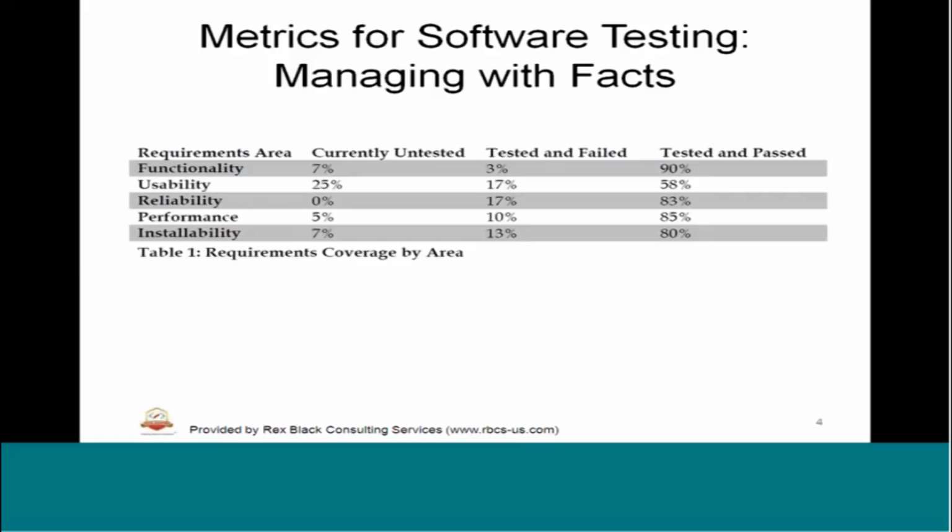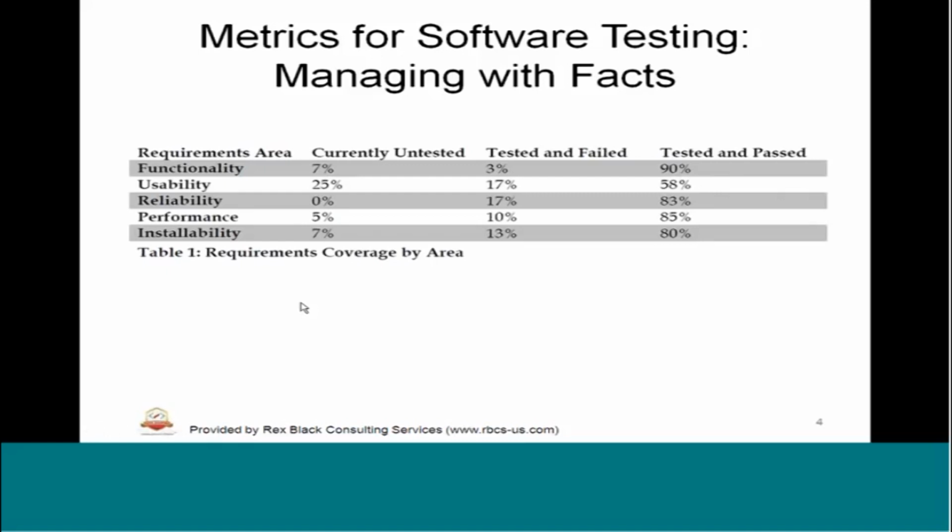Okay, so let's look at some of the examples and the various charts that organizations use in terms of reporting the facts and the software metrics. You can see an example. This is basically provided by RBCS, Rex Black Consulting Services. An example taken.